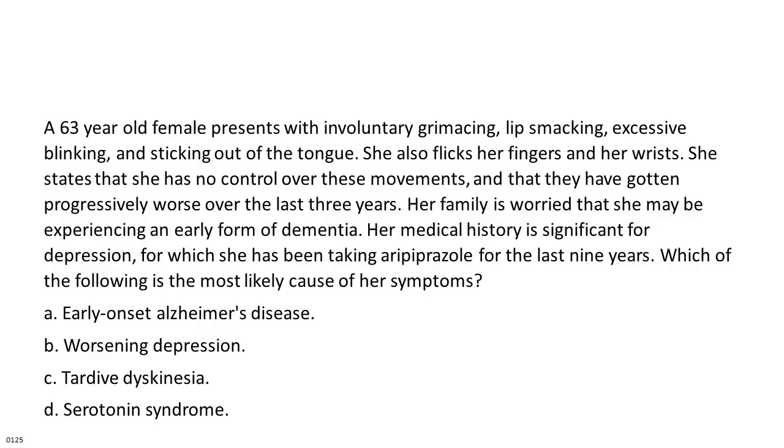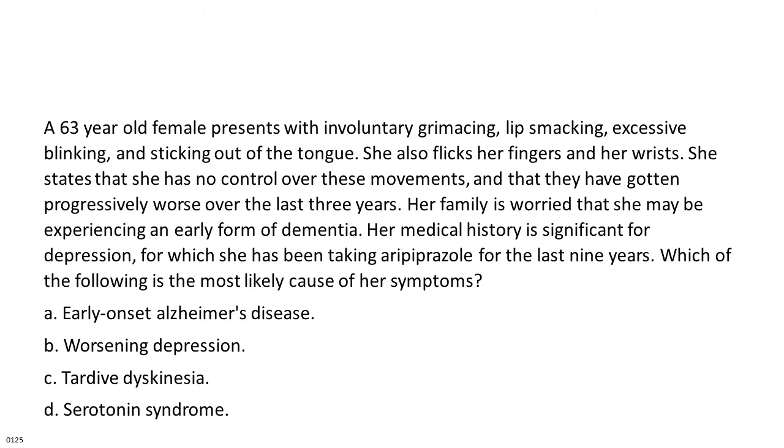A 63-year-old female presents with involuntary grimacing, lip smacking, excessive blinking, and sticking out of the tongue. She also flicks her fingers and her wrists. She states that she has no control over these movements, and that they have gotten progressively worse over the last 3 years. Her family is worried that she may be experiencing an early form of dementia.